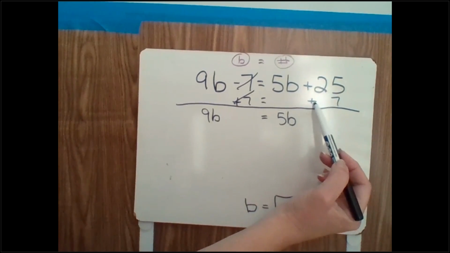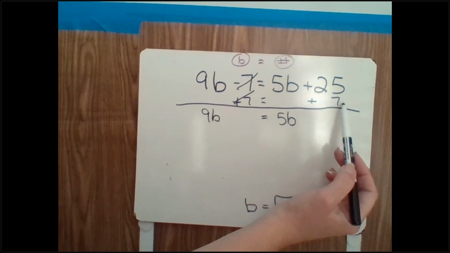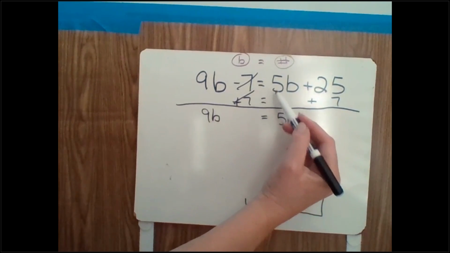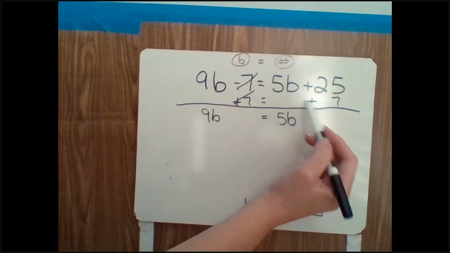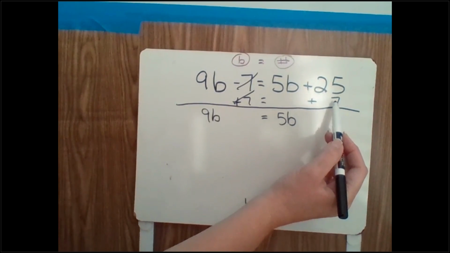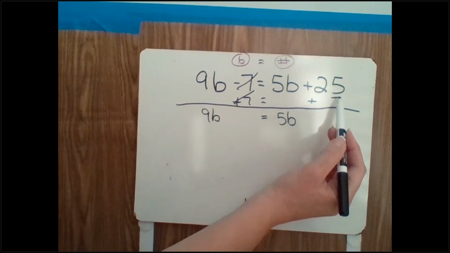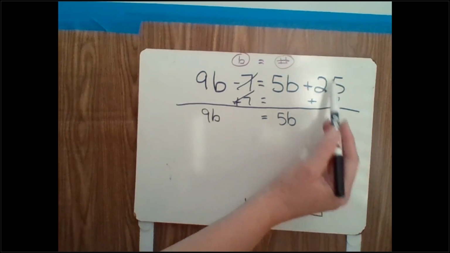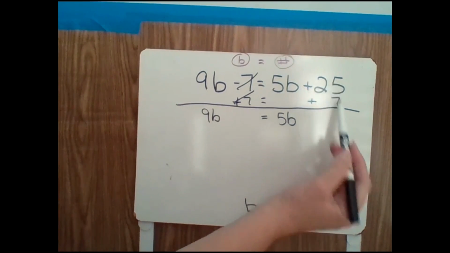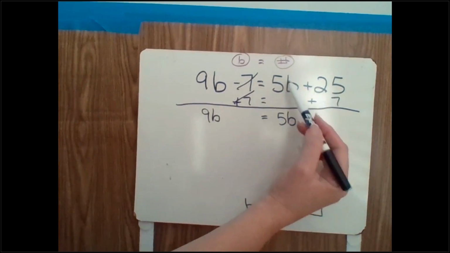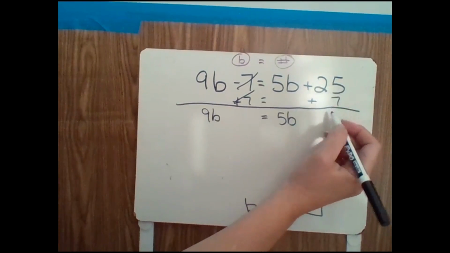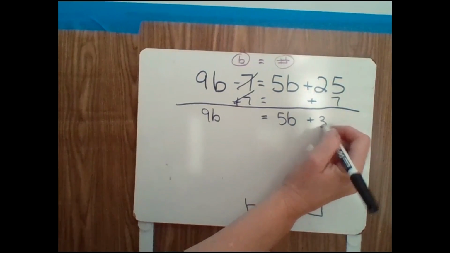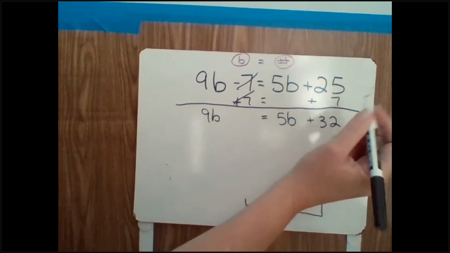And notice here, when I had to write +7, a lot of students will write +7 under 5b. I don't do that. I know that the 7 is going to combine with other numbers in the problem. I'm going to line it up where it belongs to combine with like terms. And my 5b is just going to stay 5b. Okay, 25 plus 7 is going to equal 32.